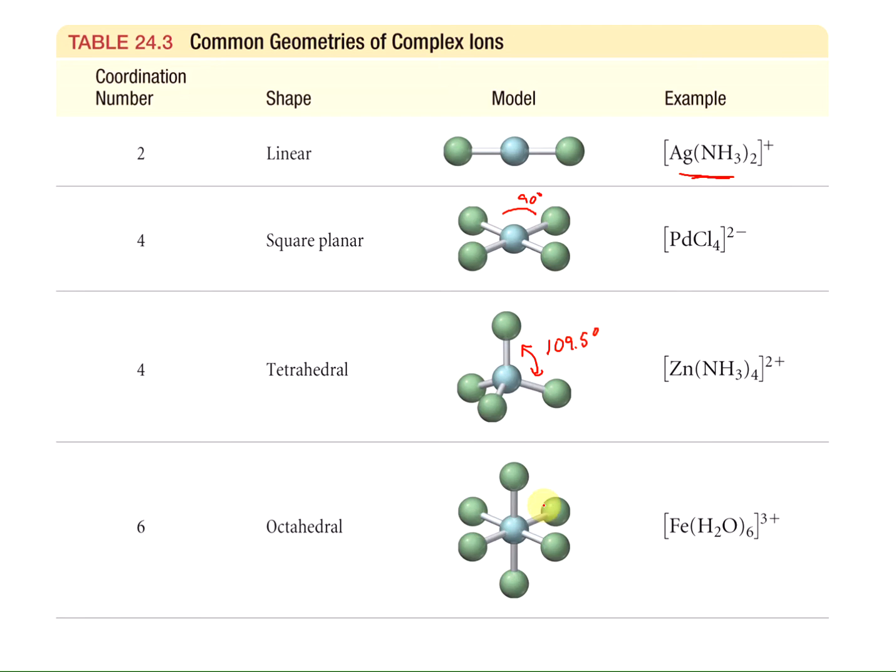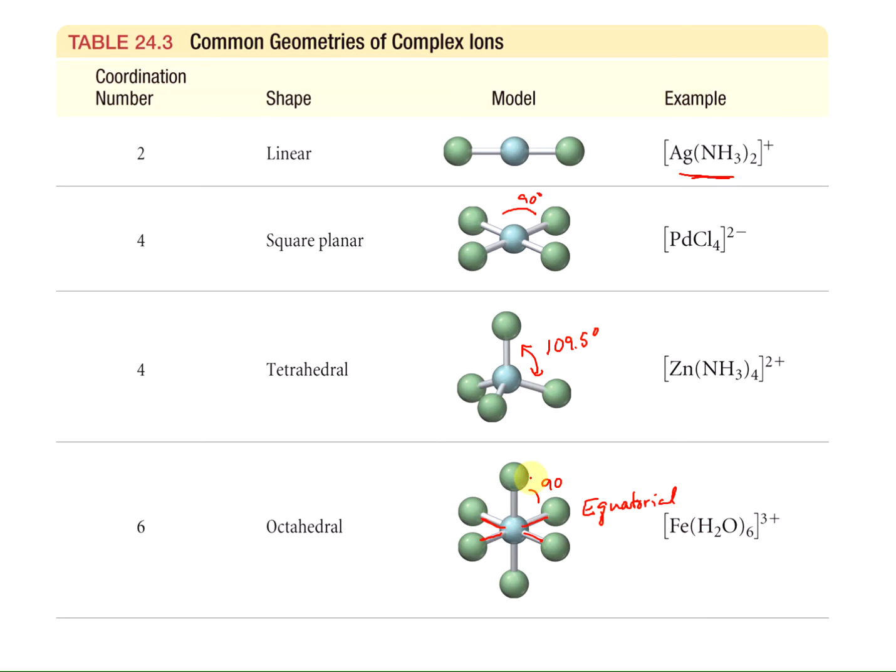And if there are 6 things bound to the metal center, it's octahedral. So for this, the angles are 90 degrees from each other. These ligands here are in the equatorial plane, so they're in the equator.